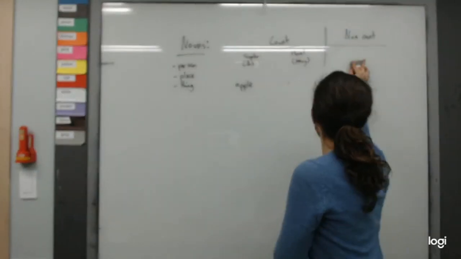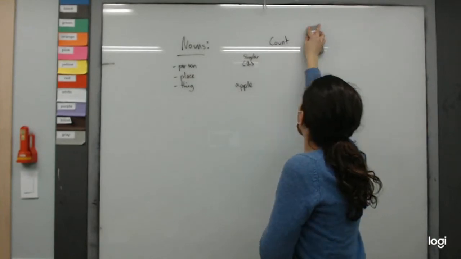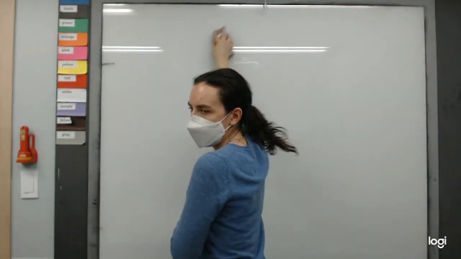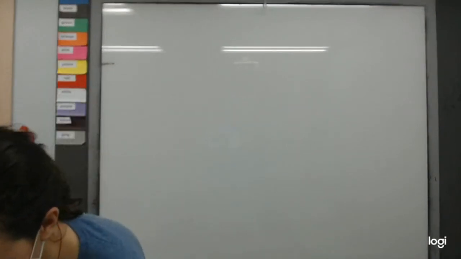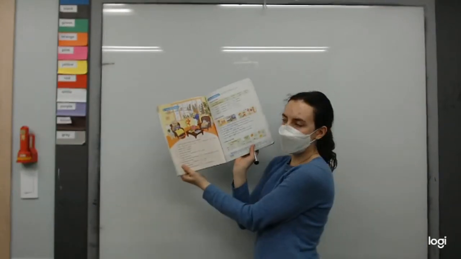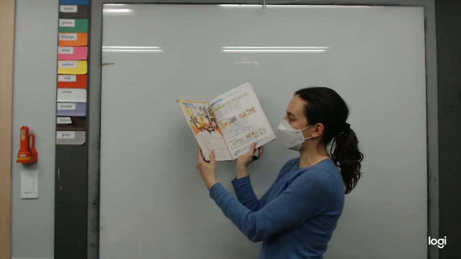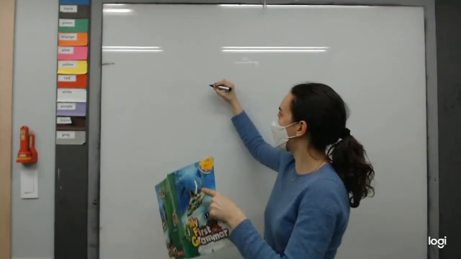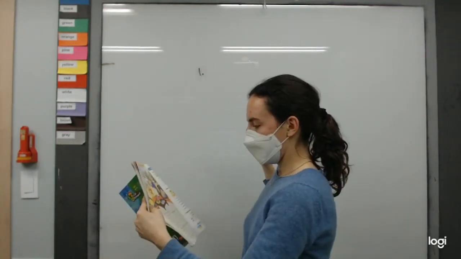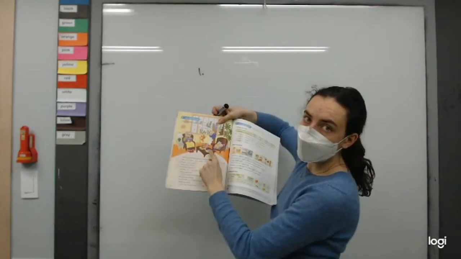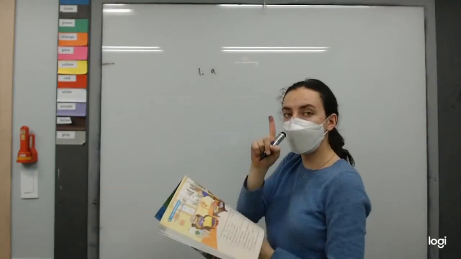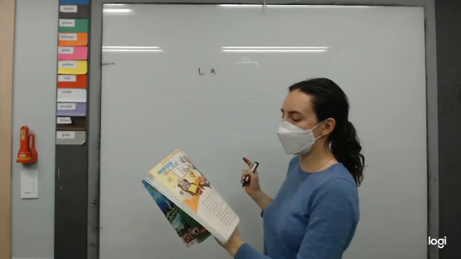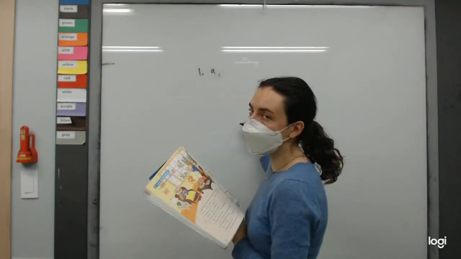Okay. So first, we look at the picture. What do you see? In the picture, I see one table. So you can say a table because we use a for only one. First time we talked about table. Chairs, nothing.